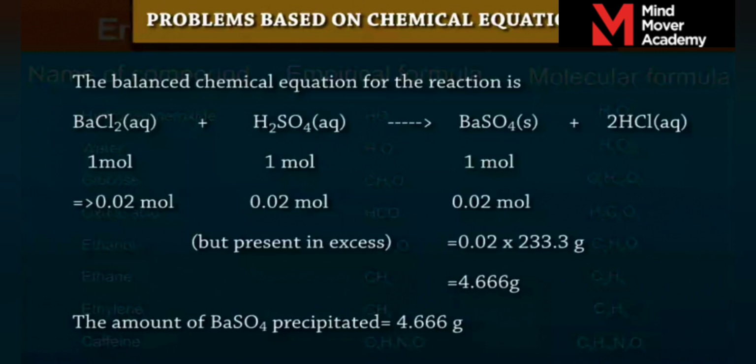So this will imply 0.02 moles of barium chloride and 0.02 moles of H2SO4, but present in excess, will give 0.02 mole of barium sulfate, and 0.02 mole of barium sulfate will mean 0.02 into 233.3 grams is equal to 4.666 grams. So the amount of barium sulfate precipitated is equal to 4.666 grams.